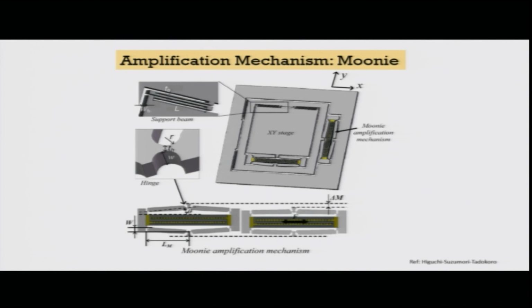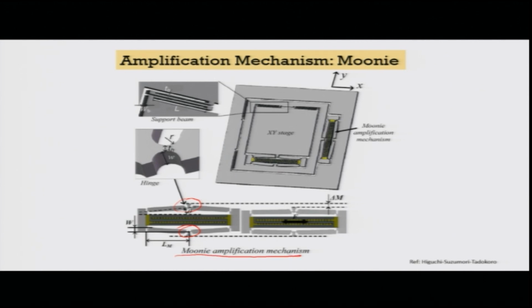Now, how do we apply them in the form of a mechanism? Well, we have seen the amplified piezo actuators, and this is a micro version of that. You can see that there are some flexible hinges here, and this is what is called a Moonie amplification mechanism.